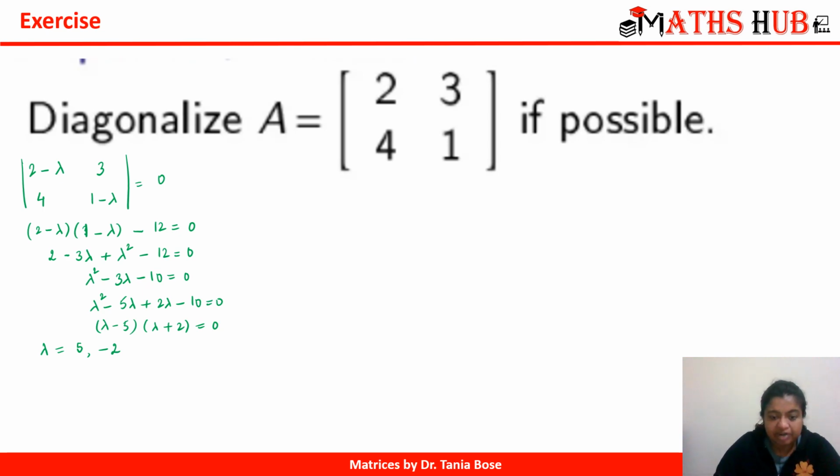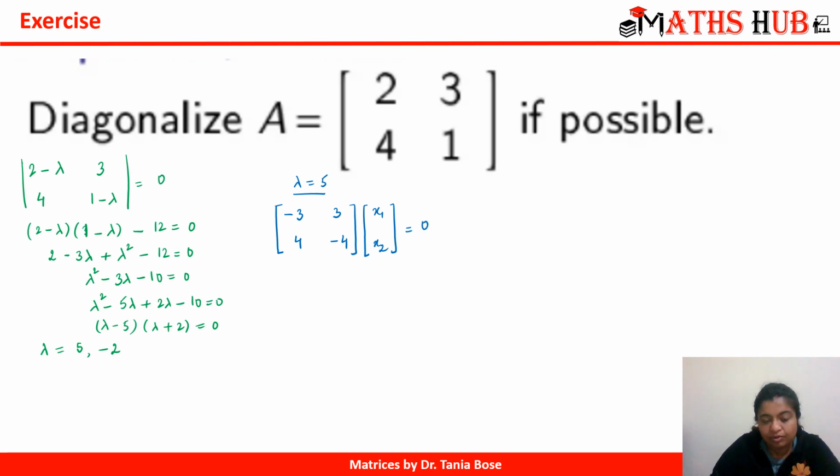Now let us calculate the eigenvectors corresponding to lambda equal to 5 and lambda equal to minus 2. For lambda equal to 5, we get the matrix 2 minus 5 is minus 3, then 3, 4, 1 minus 5 is minus 4, and the vector of unknowns x1 and x2 equal to 0.